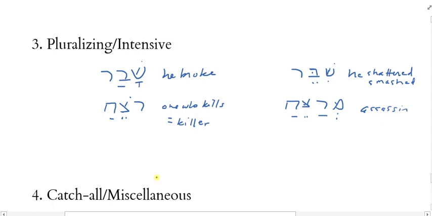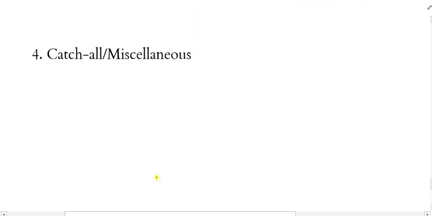For number 4, this is just basically the catch-all or miscellaneous category. That is to say, there aren't just a finite number of Piel possibilities for meaning. Sometimes the 3 main ones that we just looked at is not in view with a particular Piel verb. Sometimes a verb in the Piel is just going to have a particular nuance that you have to learn as you learn the verb.